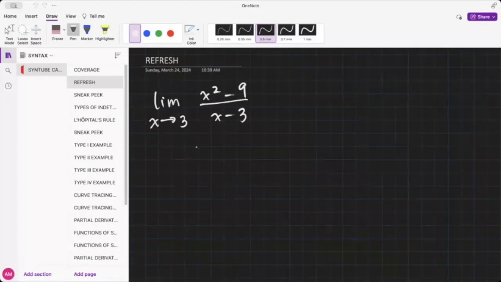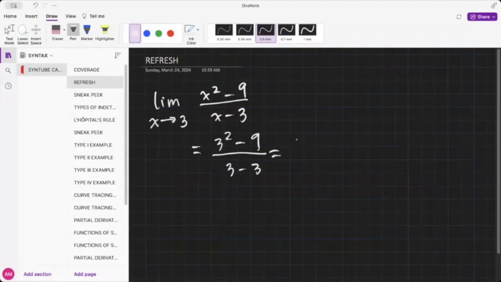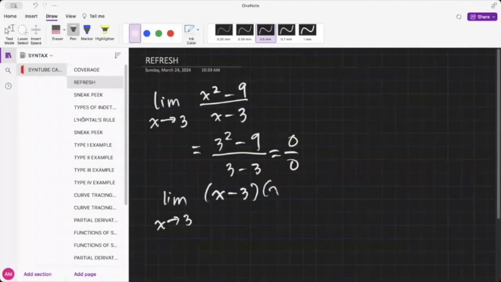So if we substitute 3 into the function, so that's 3 squared minus 9 over 3 minus 3, we'll get 0 over 0. What we can do is transform the numerator into x minus 3 times x plus 3, since this is difference of two squares. So that will be over x minus 3.